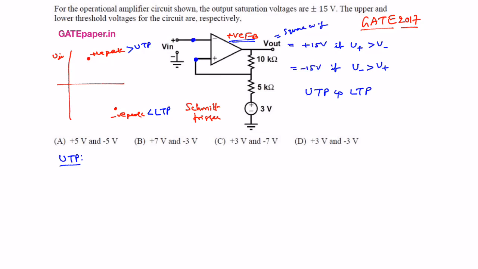UTP, upper threshold voltage, is the input voltage at which the output makes a transition either from plus VCC to minus VCC or minus VCC to plus VCC. It is generally from plus VCC to minus VCC only while it is moving in the forward direction.